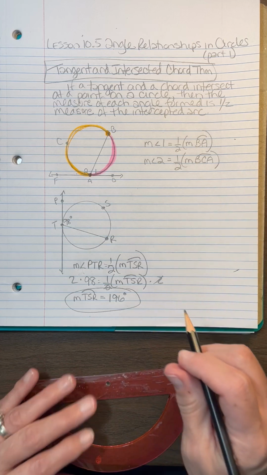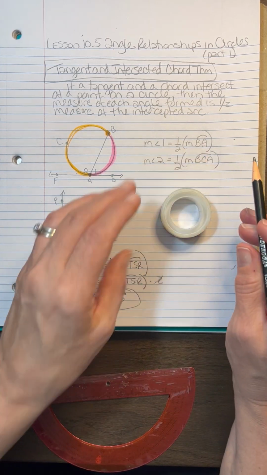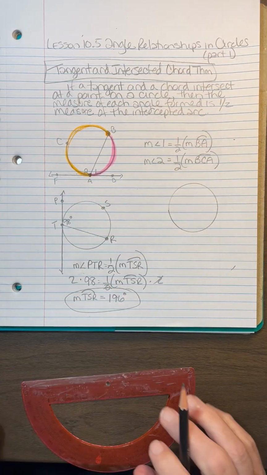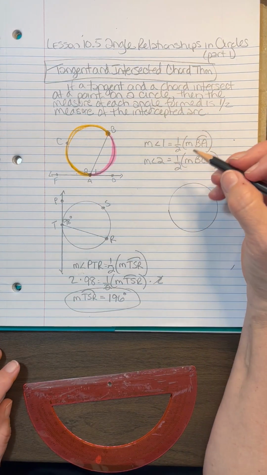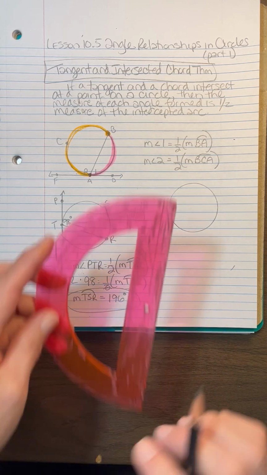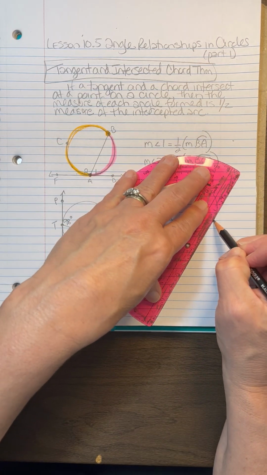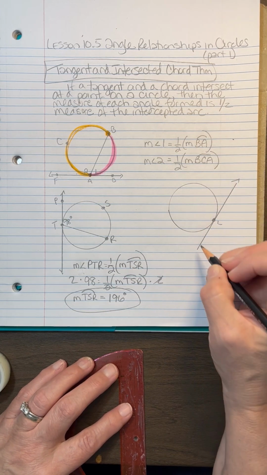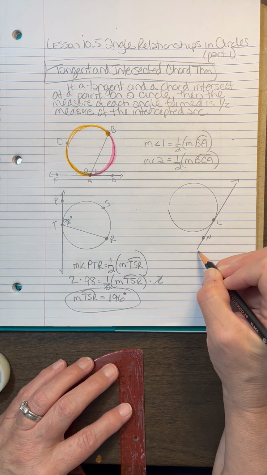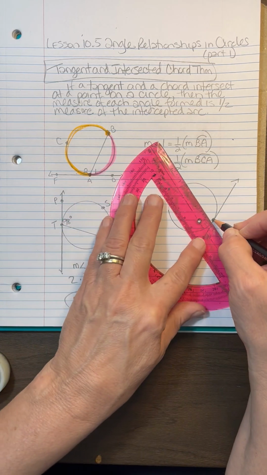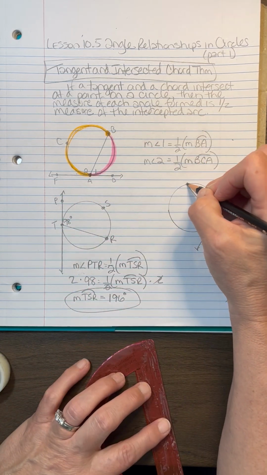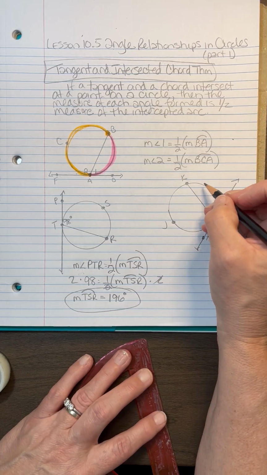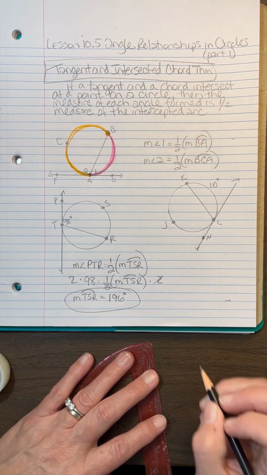Okay, let's look at a different one that you might see a little bit harder. Not terrible, but okay, so I want you to think about this for a second after I draw it, and then we'll talk about it. If we have L, N, K, and J, you have a 110-degree arc.